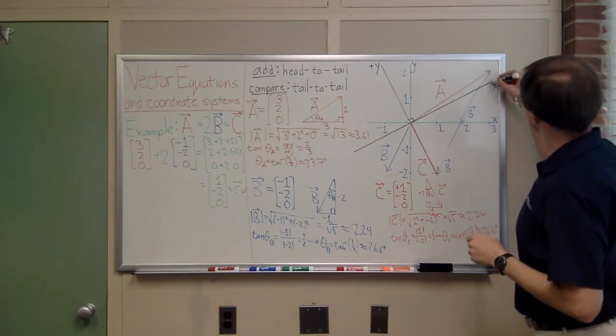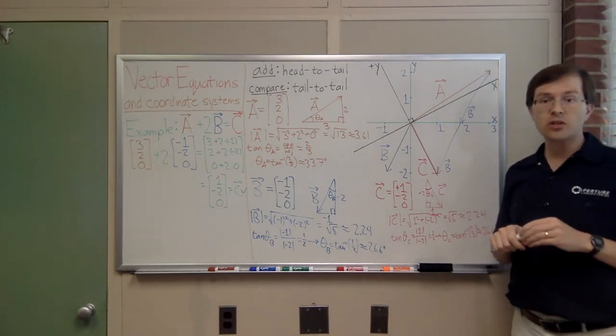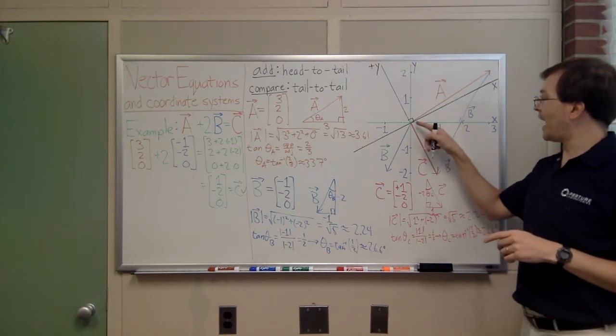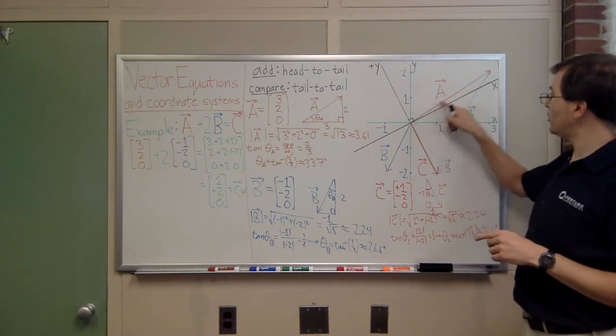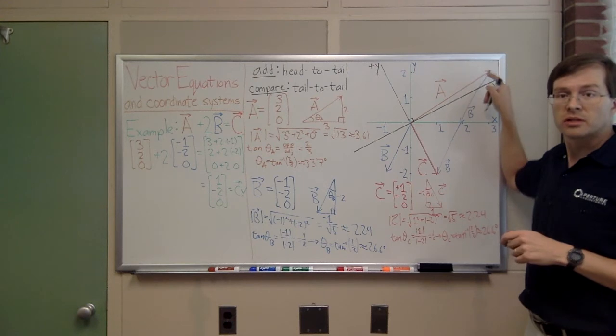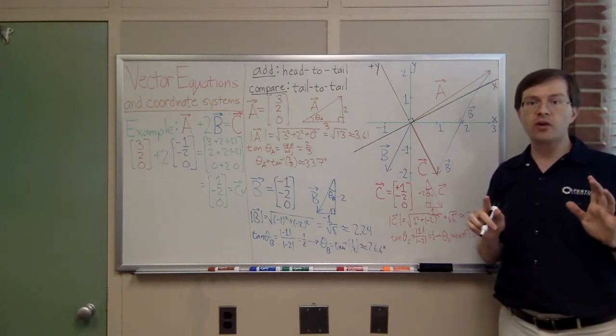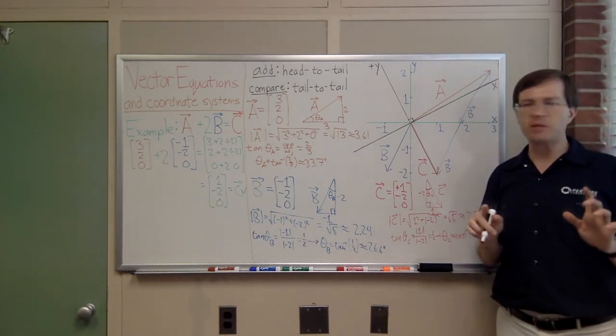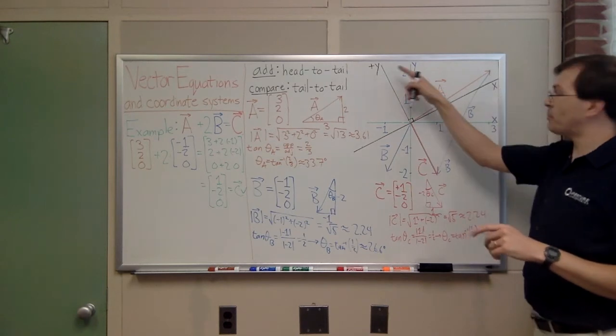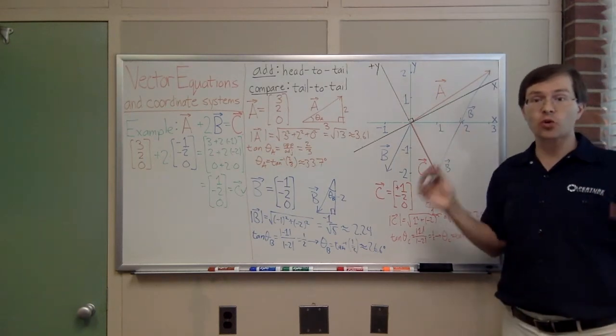I didn't draw this long enough. I should have drawn this a little bit longer, because what I need to do to find the components of a is I need a right triangle where a is the hypotenuse. So a is the hypotenuse of a right triangle, but the legs of the triangle have to be parallel to x and parallel to y in my new tilted coordinates.